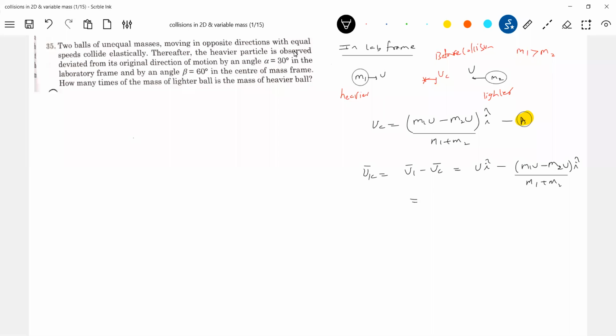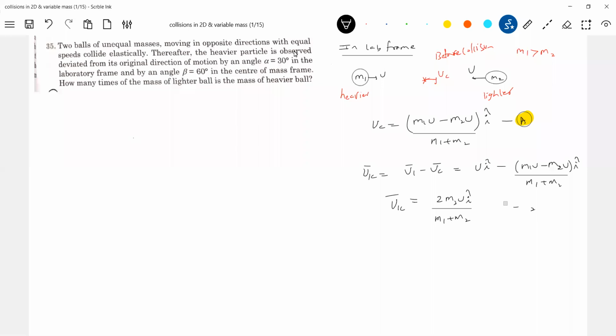Solving this, I'll get 2m2u i cap by m1 plus m2. Similarly, you can find out u2c also. I'll directly write it.